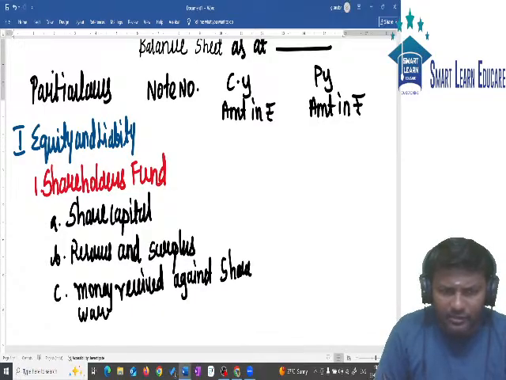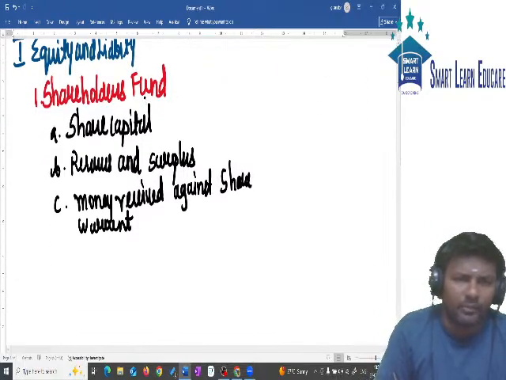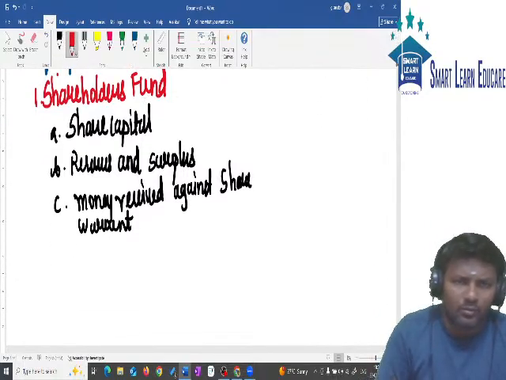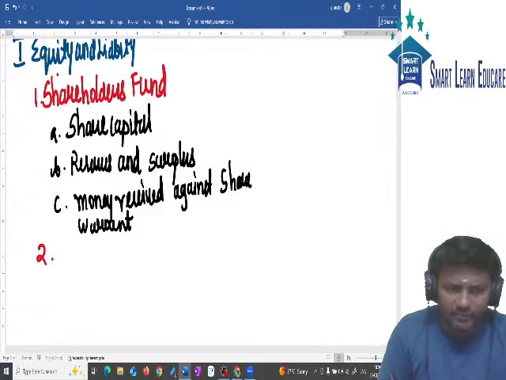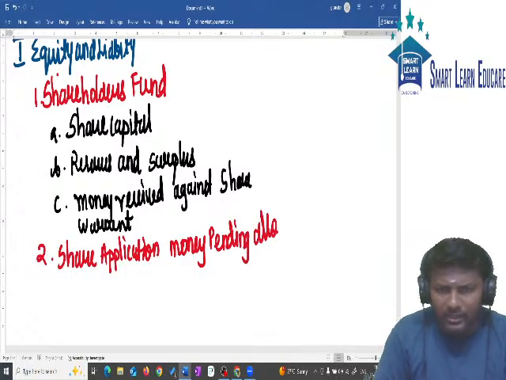Second, point number 2 is share application money pending allotment.